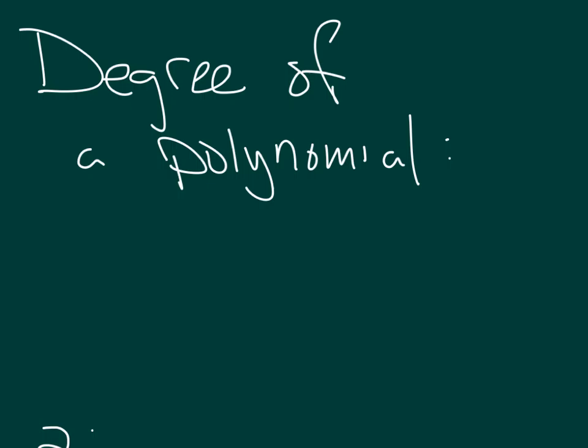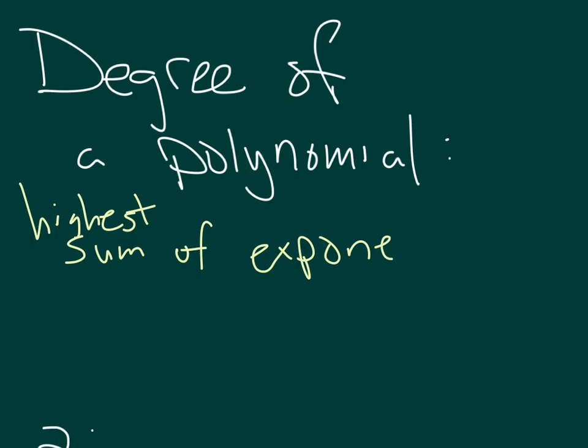We classify polynomials two ways. We classify polynomials by how many terms they have, as well as what the degree of the polynomial is. And the degree of a polynomial is going to be the highest sum of the exponents in any term.